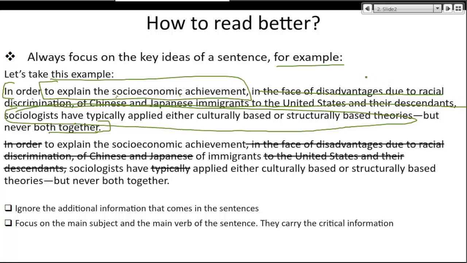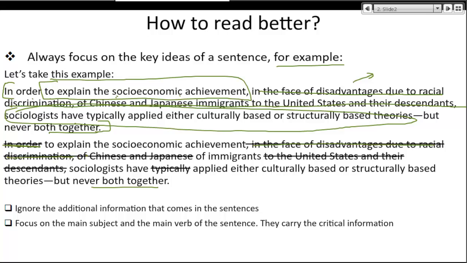It is concerned with something on discrimination, but to explain the socio-economic achievement of immigrants, sociologists have applied culturally based or structurally based theories, but never. So by canceling these things, I am trying to tell you that these are some of the things which you can basically ignore without paying much attention.